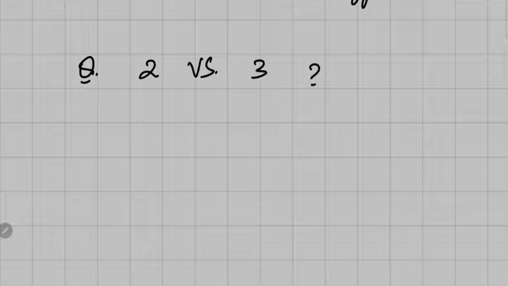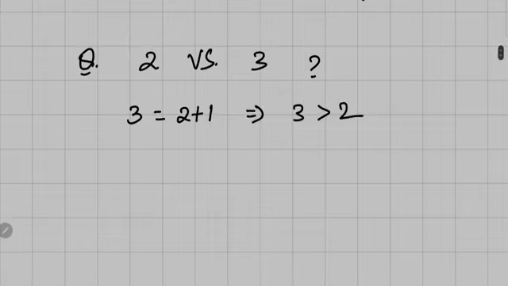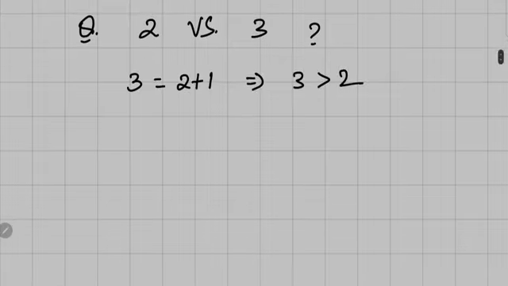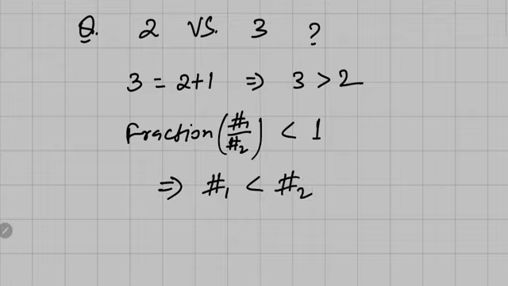Here 3 is a successor of 2, that is, 3 can be written as 2 plus 1. This implies that 3 is bigger than 2. We can also identify this by division. If a fraction is less than 1, this means the numerator is less than the denominator.